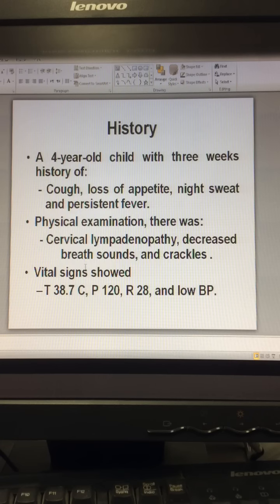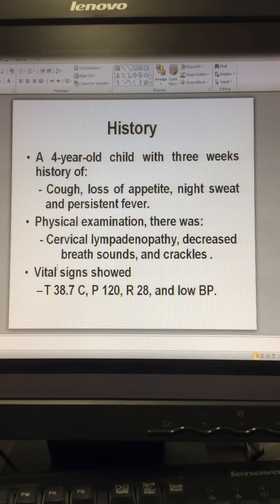Decreased breath sounds in respiratory tract infection occur due to obstruction of the airways, which interferes with the entrance of air into the lung fields. The crackles usually occur due to the interaction between air and the secretions, mucus, and fluids within the inflamed lung parenchyma, which appear as crackles on auscultation.